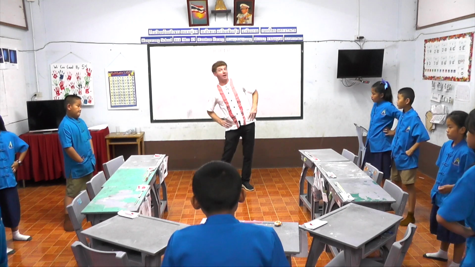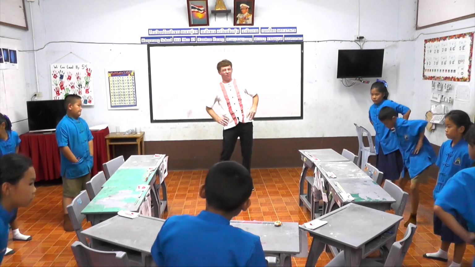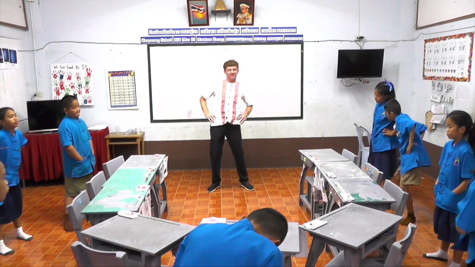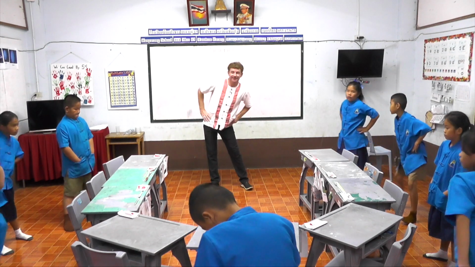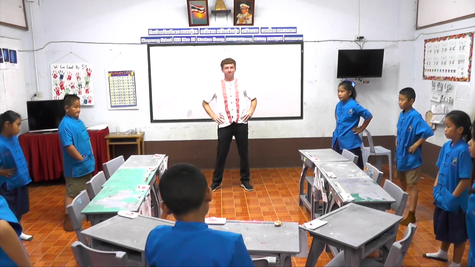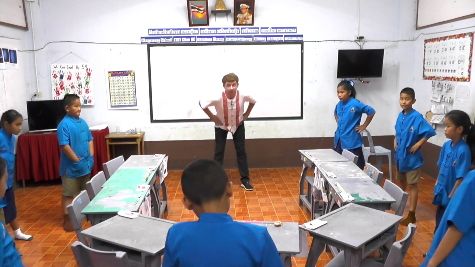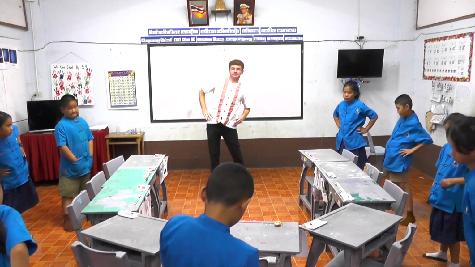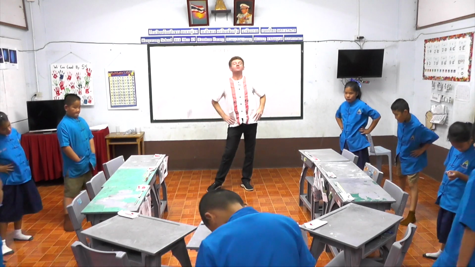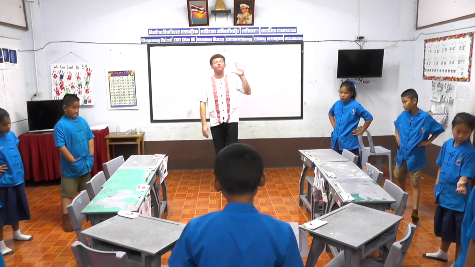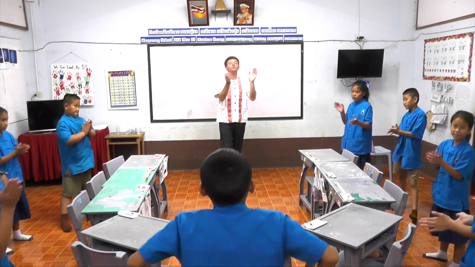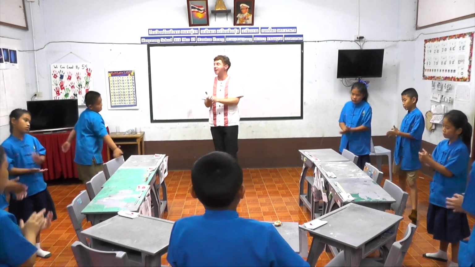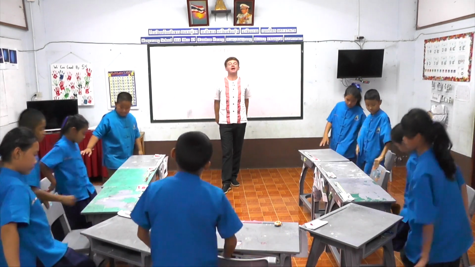And now we'll go round and round. Round and round. Give our spines a nice stretch. And stop. And then we can go back the other way. Round and round the other way. And stop. And to finish, we will do 5 claps. 1, 2, 3, 4, 5. Excellent, guys. Have a seat.